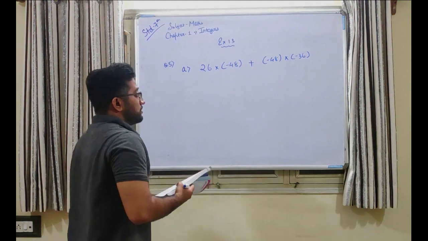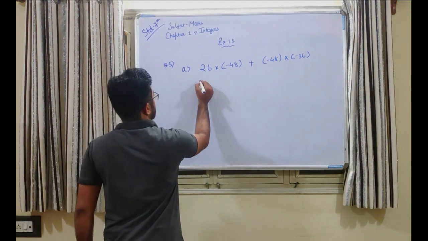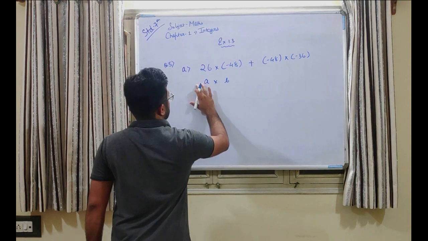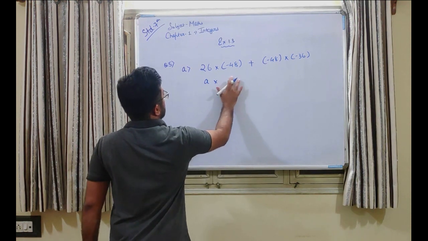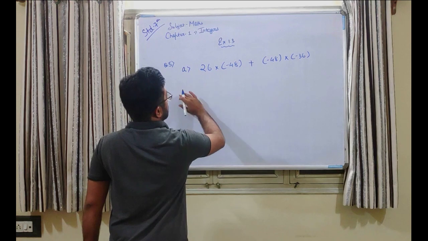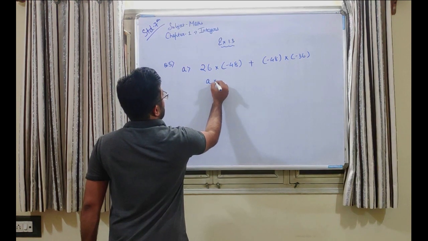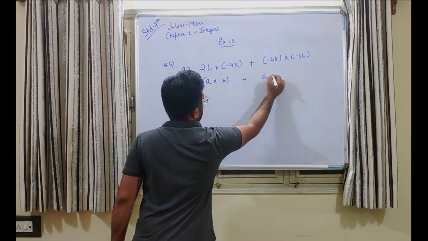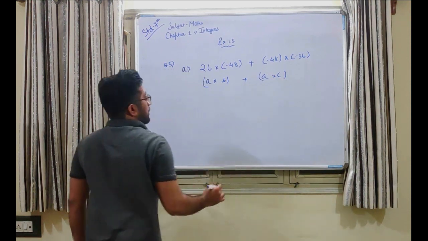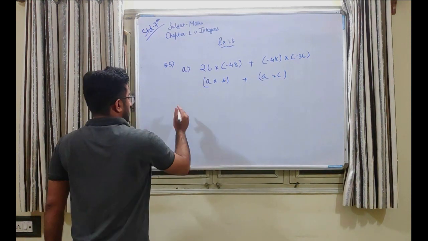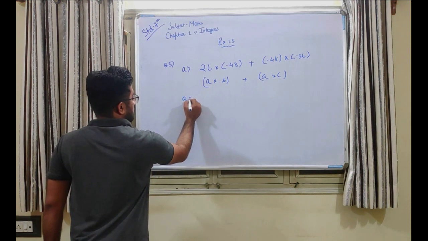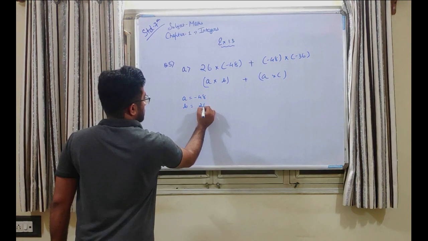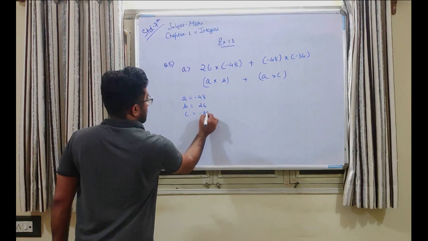Okay, so this is nothing but the form of A into B plus A into C. Now if you take a good look at this question, here your A is minus 48, your B is 26 and your C is minus 36.